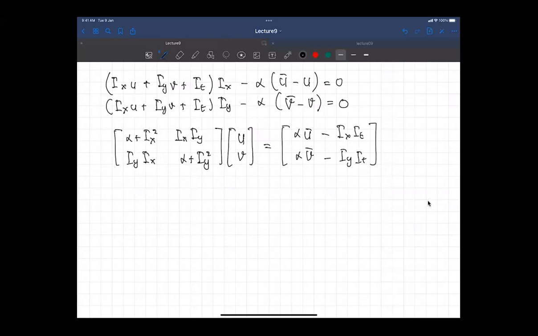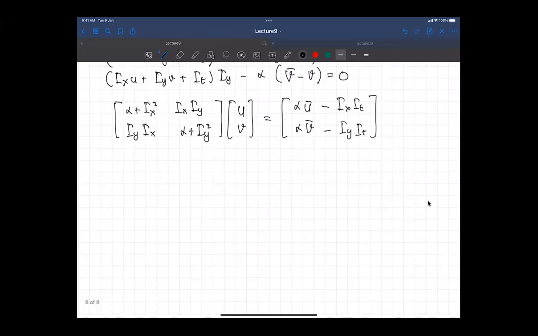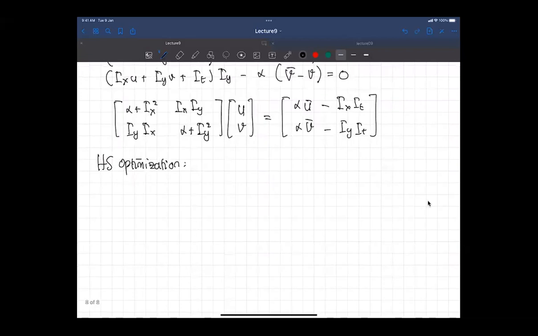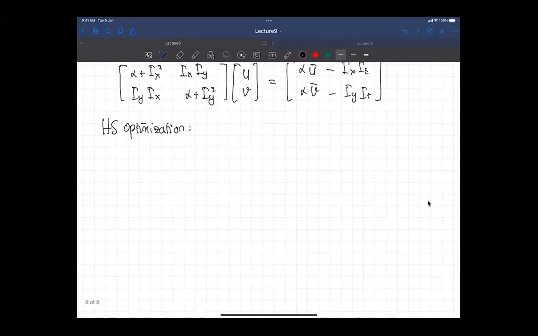Okay. So then, unlike Lucas and Kanade, what Horn and Schunck are doing is, so this is Horn and Schunck optimization, is that he tried to discretize this equation.